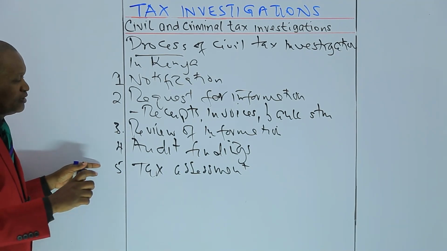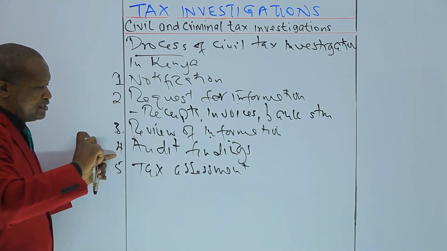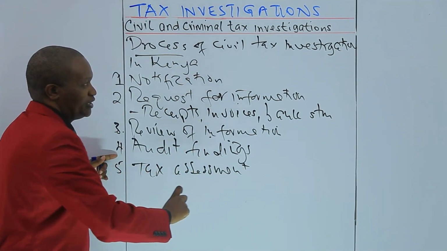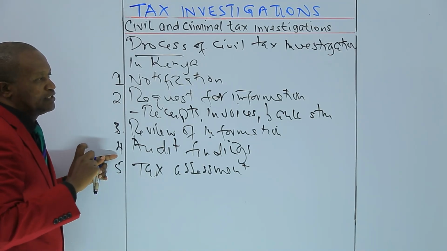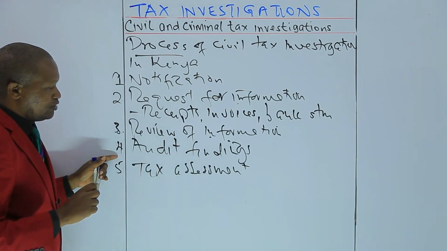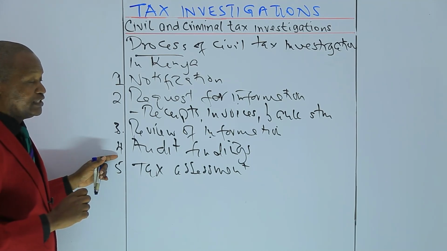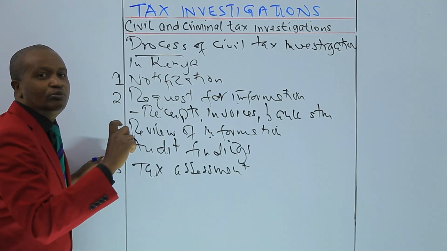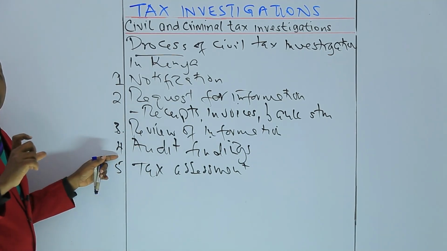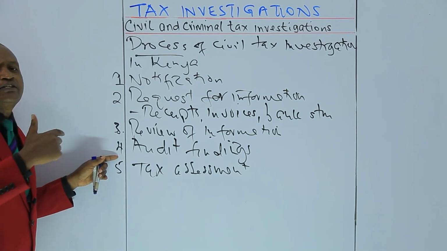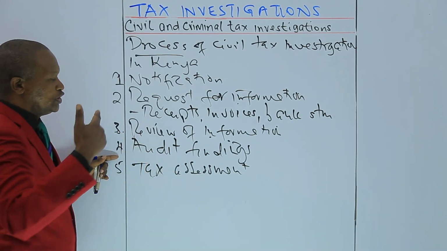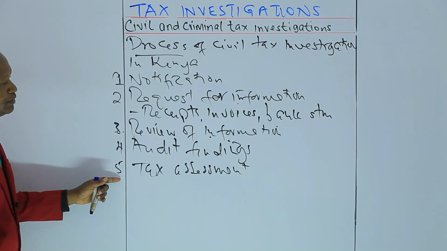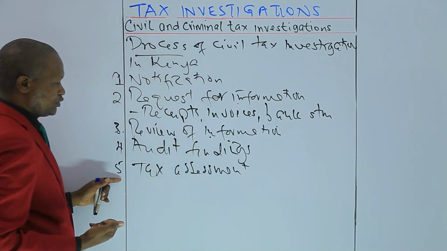So the taxpayer can either agree with the findings and maybe pay, or if the taxpayer is not in agreement, then the taxpayer can raise an objection to the assessment that is issued by the revenue authority.